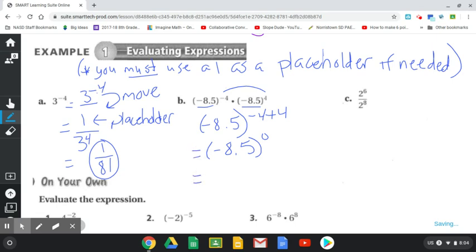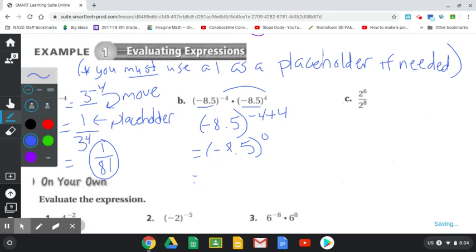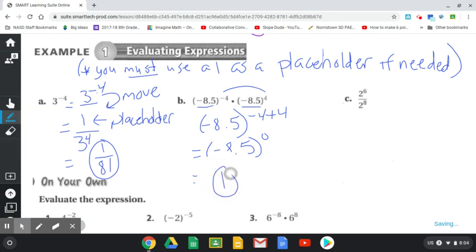Anything raised to the 0 power, doesn't matter what it is, the answer is 1. So my answer there is 1.